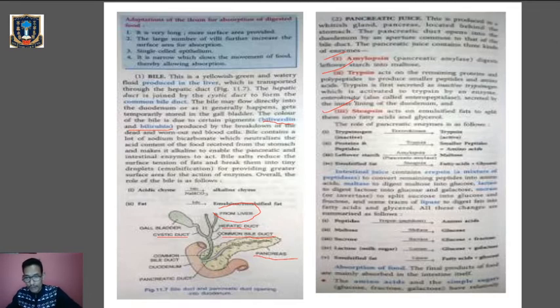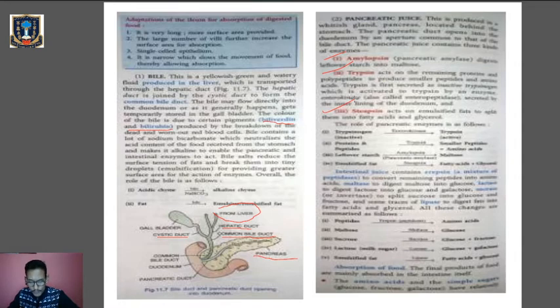Sorry for the figure, you can go to page number 110 also. So amylopsin will digest the leftover starch into maltose. Generally, in the mouth, the saliva contains the enzyme called ptyalin or salivary amylase that will convert the starch into maltose. Clear? But the leftover starch will change into maltose by the help of amylopsin.